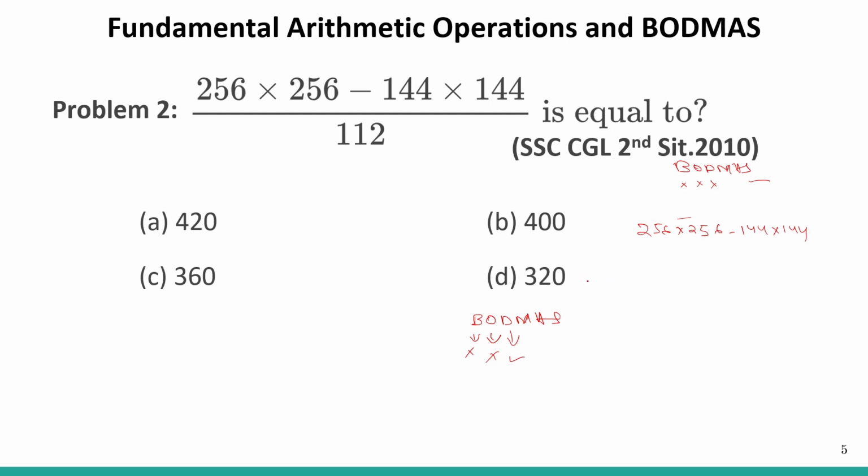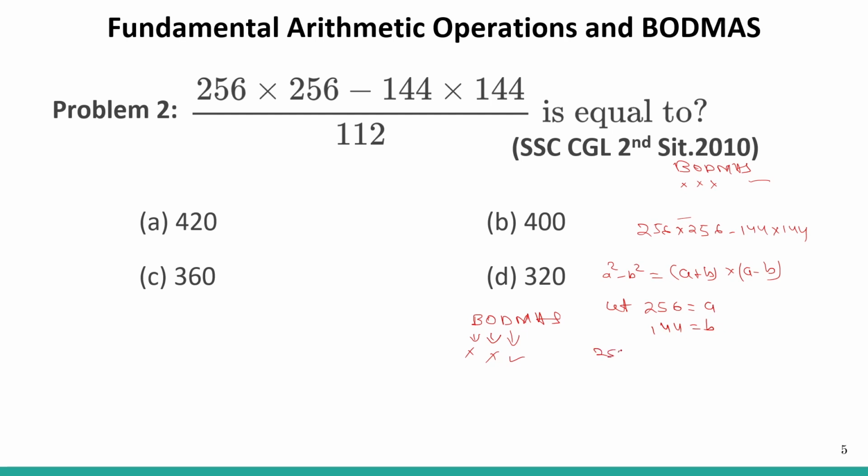What shortcut will we apply? I don't know if you remember, there is a formula: a square minus b square is equal to a plus b into a minus b. Consider 256 as a and 144 as b.